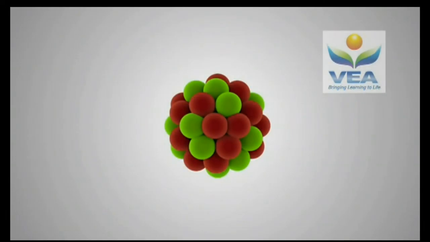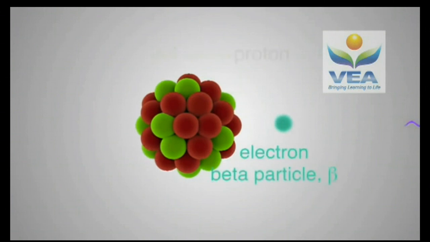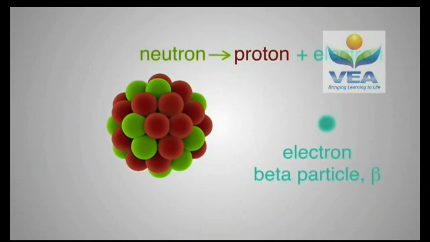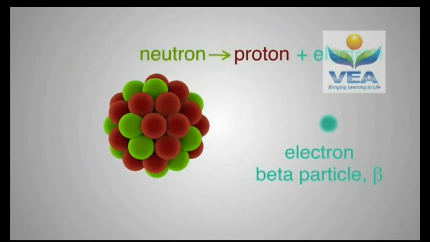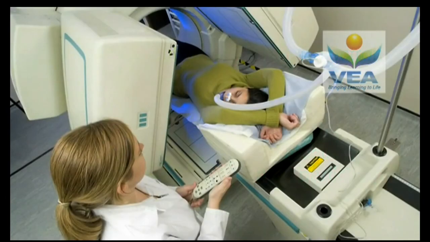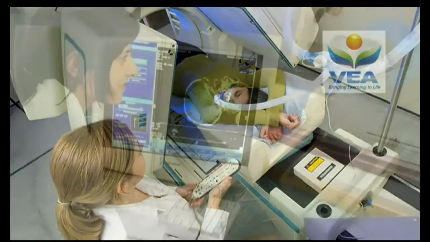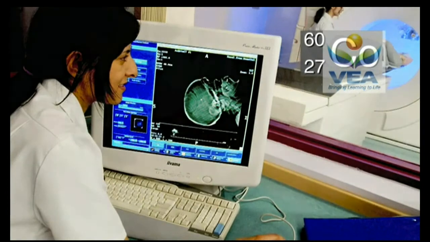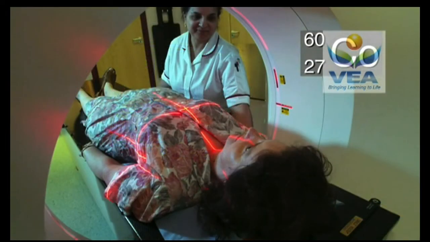Beta radiation consists of high-energy, negatively charged electrons, which are produced in the nucleus when a neutron changes into a proton and an electron. The electron produced is the beta particle. For example, cobalt-60 is a beta emitter used in medical radiotherapy, equipment sterilization, and irradiating foodstuffs.